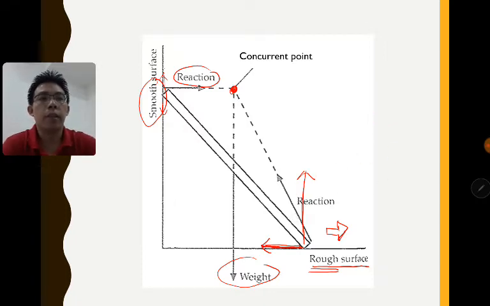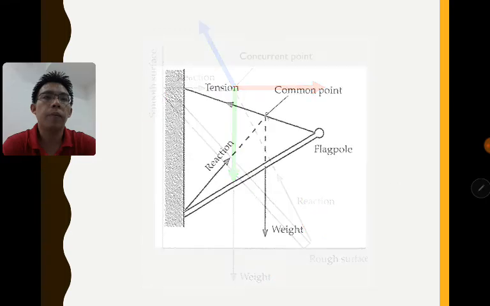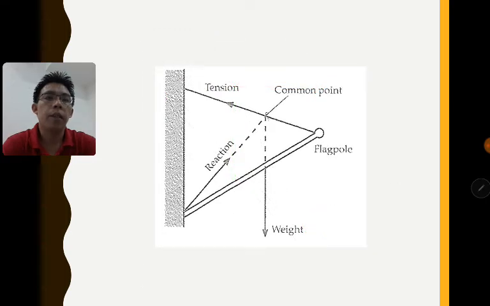Let's look at another case. This one is something that is hinged on the wall here, and it is also tied to a cable that is fixed on the wall at the top. Tension is pointing here, weight is pointing here, and let's say you are asked to figure out the reaction force from the wall at the pole.